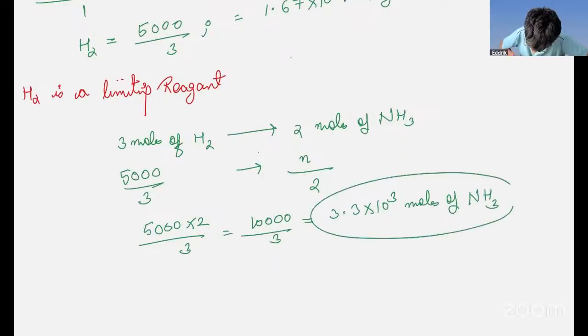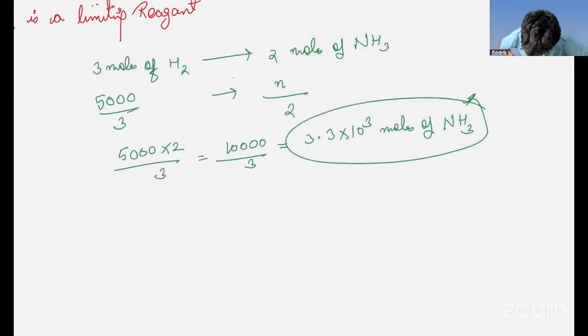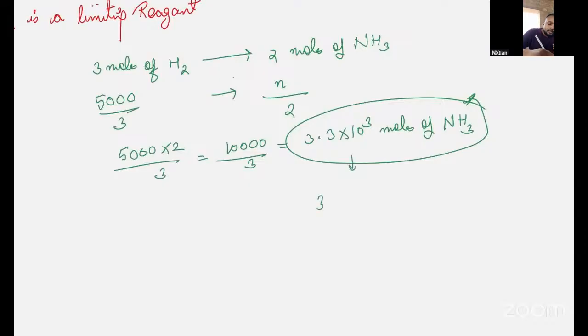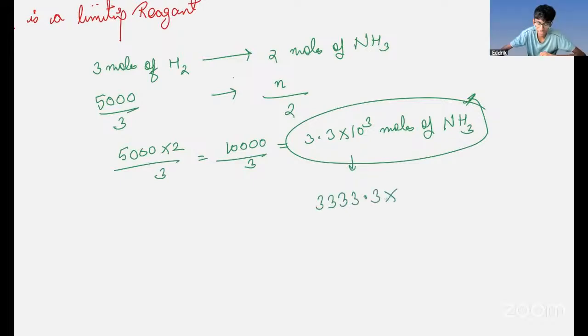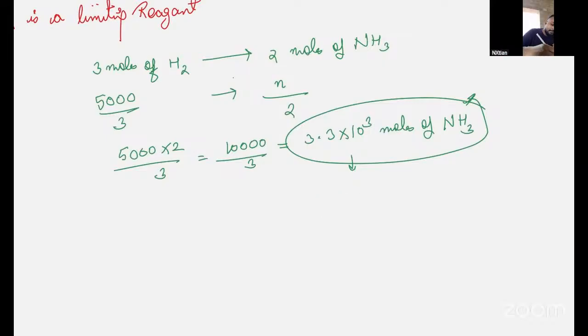Now this many moles are formed. Now we have to calculate in kg or gram or whatever. It will become 3333.3 into the mass of ammonia. What is the mass of ammonia? 17. So I'll write the step also. We know that given mass is equal to moles into molar mass.